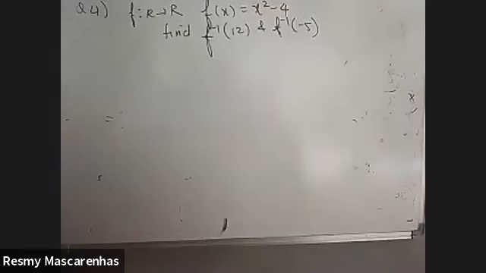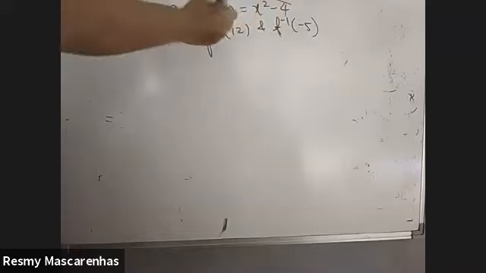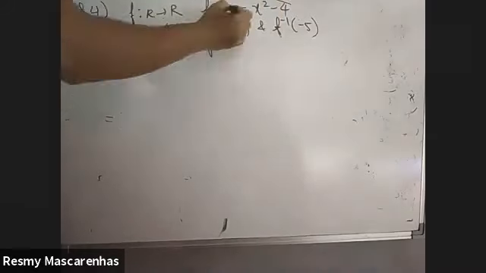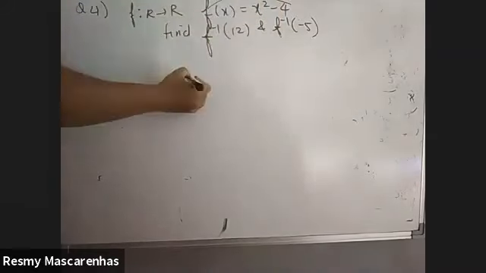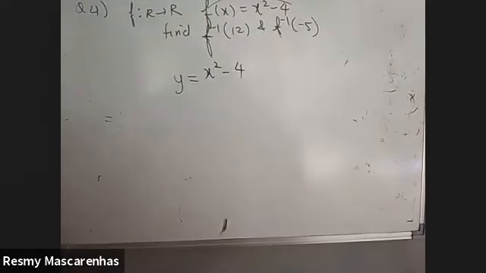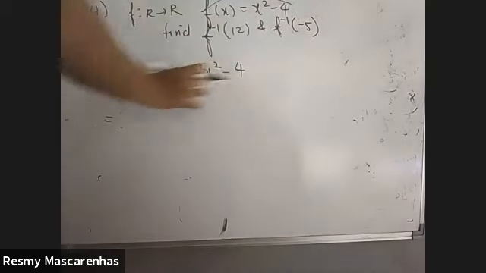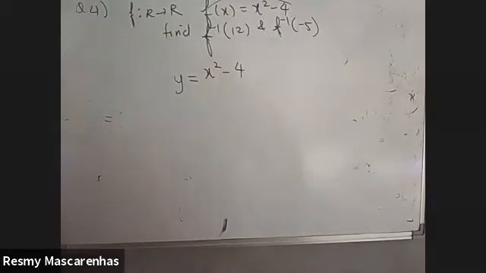In that case, the direct shortcut for finding f inverse will be what? Usually, f of x is given, you have to express it as y. So y is equal to x square minus 4. Okay, so directly if you want to find the inverse, always equate the function to y, then express in terms of x.